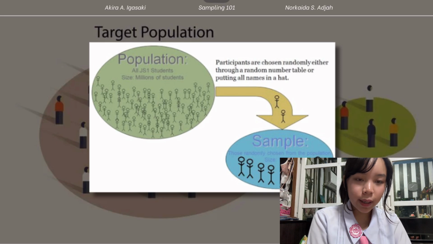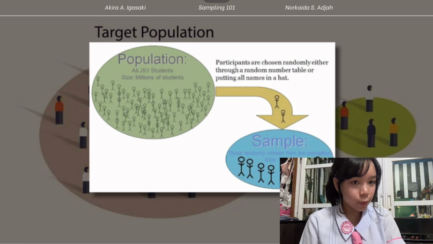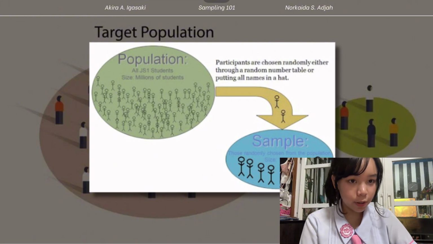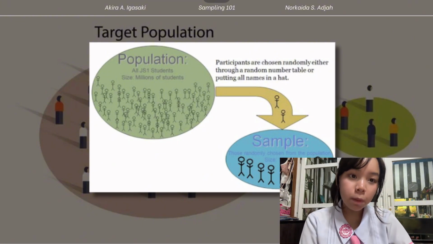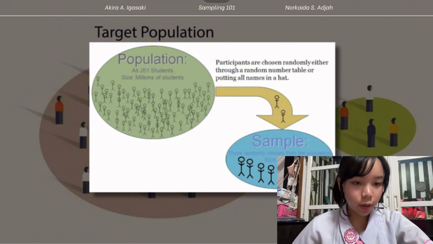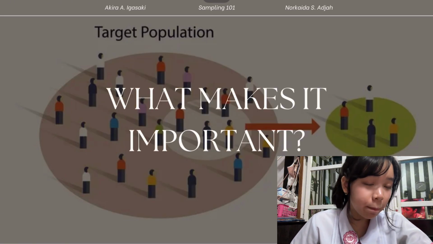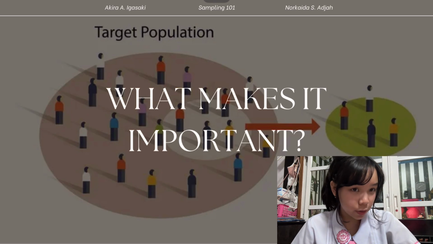The insights you get from this group can then be used to represent the larger population, which is the main point of sampling.